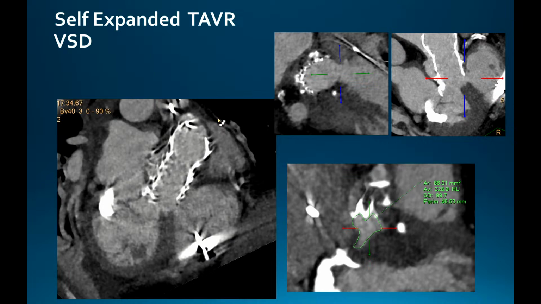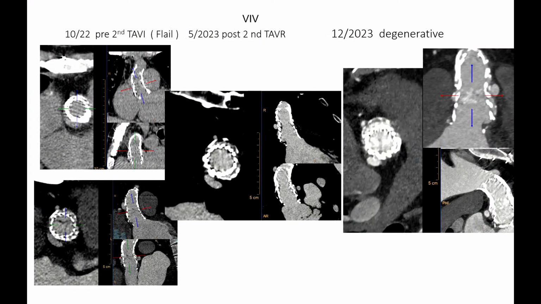This is some of the complications that could happen with valve implant, a VSD. Fortunately, we don't see that almost anymore. And I think the next chapter we're going to be showing more and more is valve in valve. This is a patient who had a surgical valve and had a valve-in-valve TAVR over it. The primary lesion you can see was flail leaflet and regurgitation.